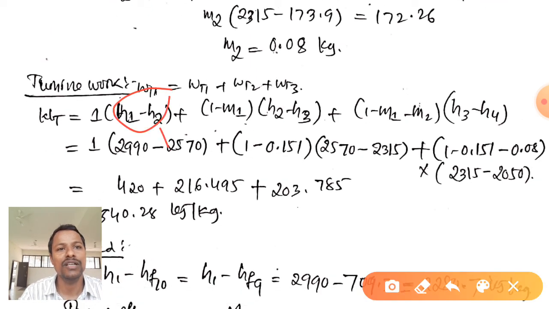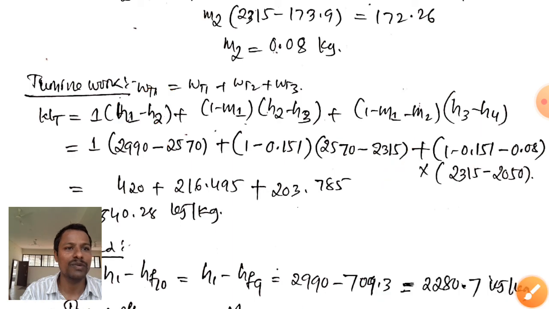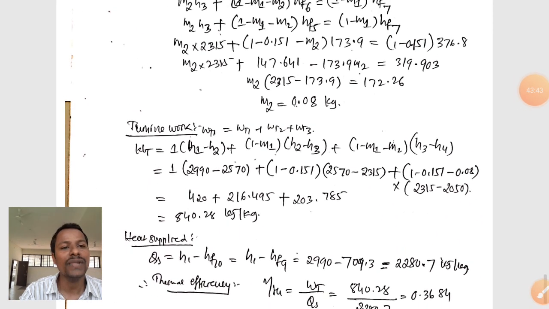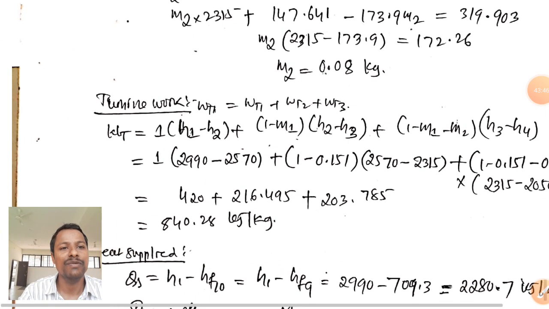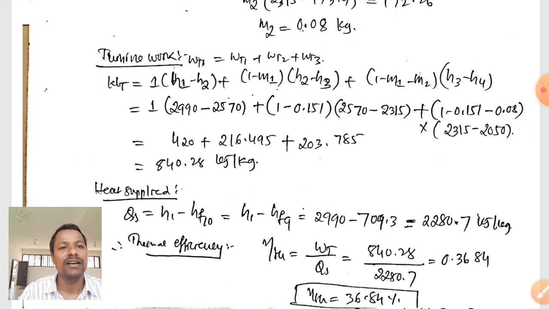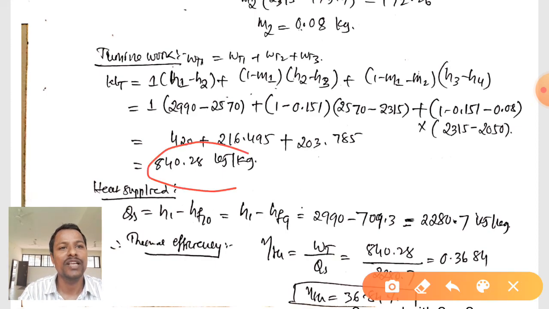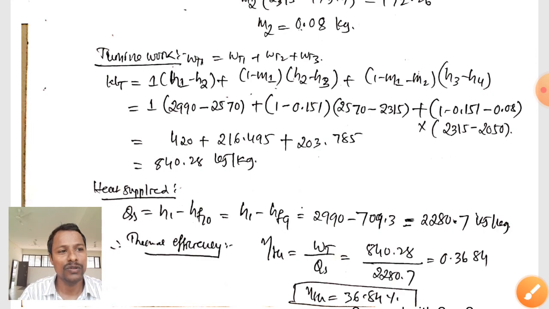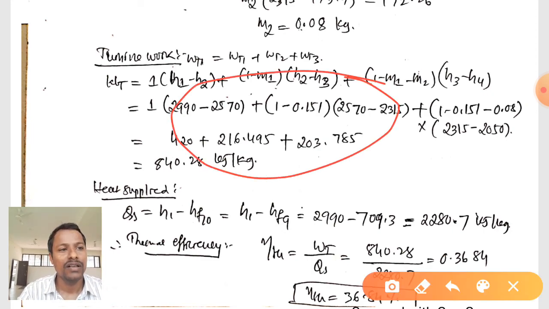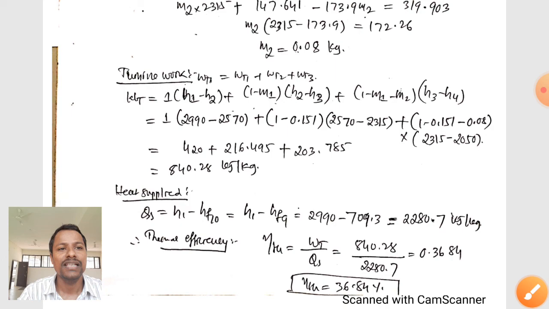Enthalpy values are known to us, M1 is known to us, M2 is also known to us, and all enthalpy values are known from the previous steps. We substitute the values, and I am able to calculate 840.28 kilojoule per kg. So please pause this video for a while and go through these steps and confirm the values.